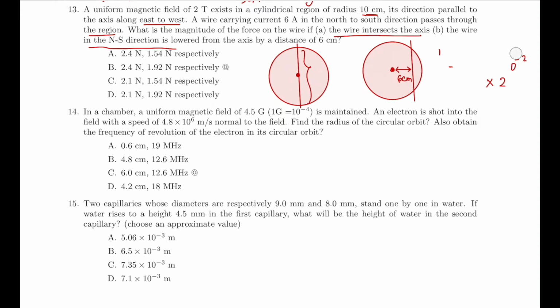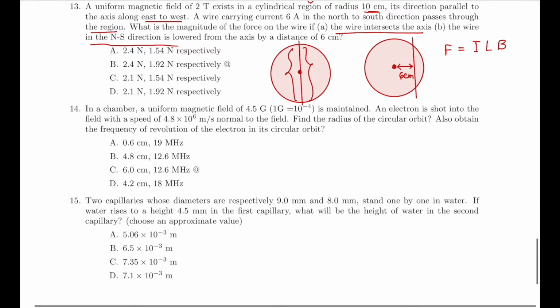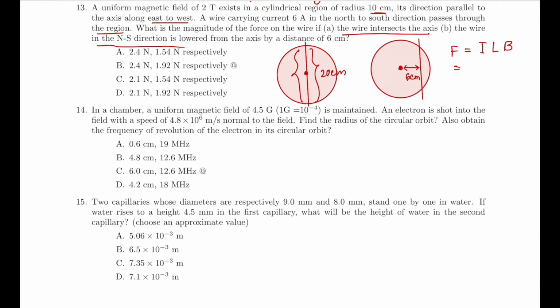So in the first case, the force is defined as I times the length of the wire that is in the magnetic field, times the magnetic field. As you can see, this length is 20 centimeter because the radius is 10 centimeter. So in the first case, the force would be 6 times 20 into 10 to the minus 2 into 2, that is 2.4 Newton.